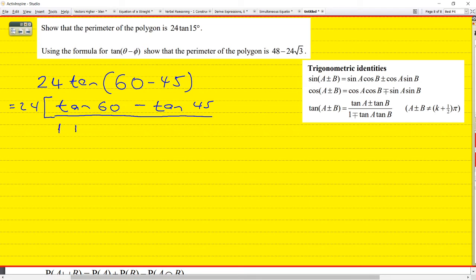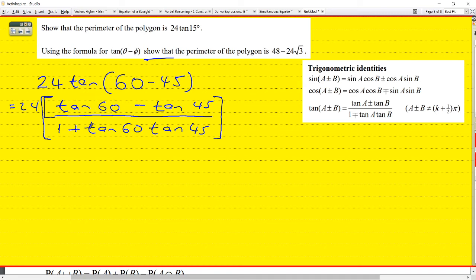And then do you just solve that? I think you have to. You just use your calculator to find all the values.